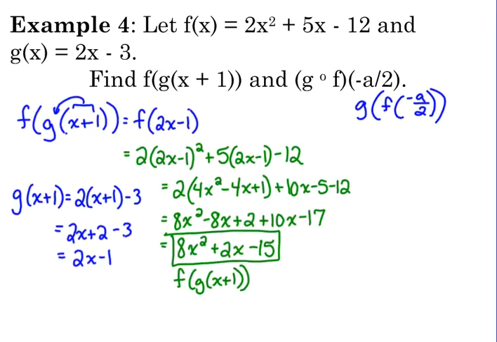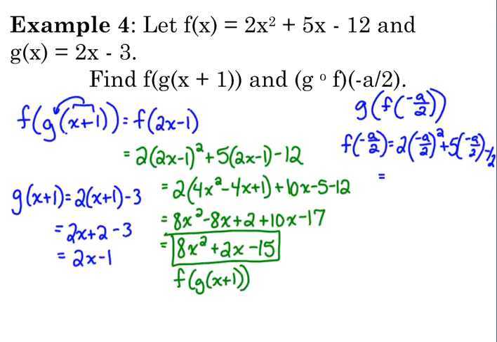So we're going to plug the expression negative a over 2 into our f of x function first. So I'm not going to have room right there. So when we do that, we're going to square that expression. And we're going to multiply it by 5. And then we're going to subtract 12.